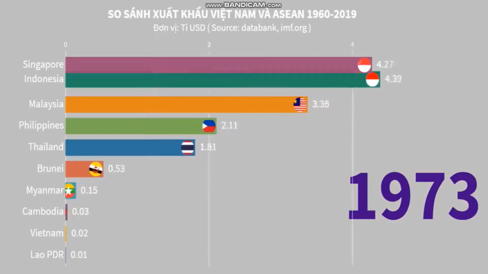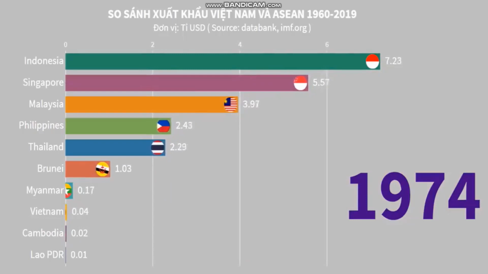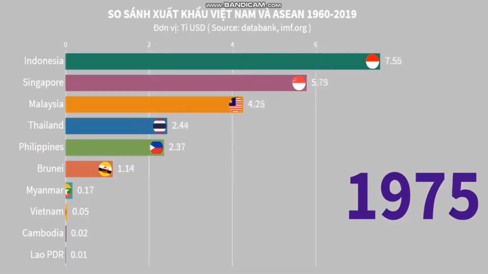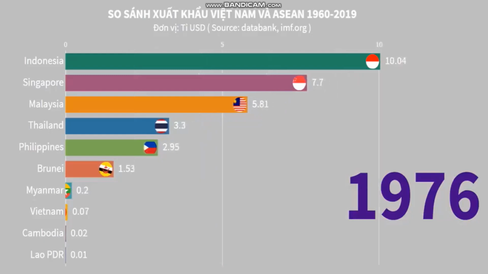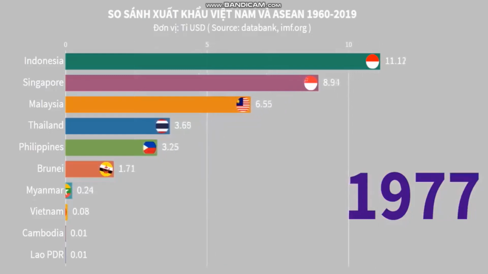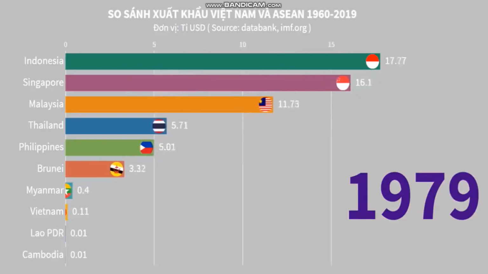And in 1973, Singapore, then in 1974, Indonesia became the first place in exporting. You can see how it changes in Asia.